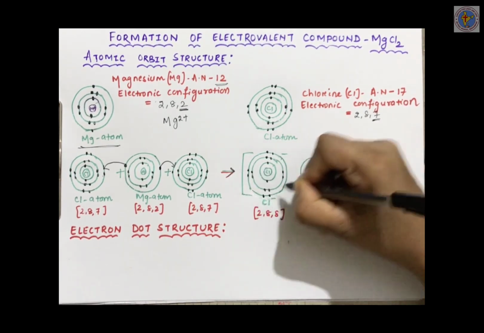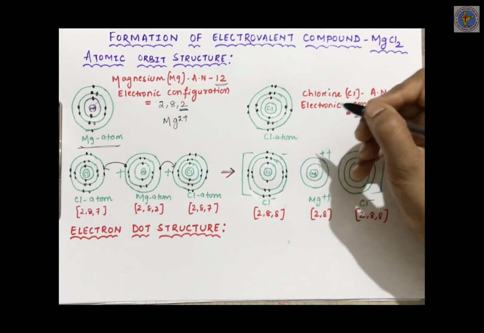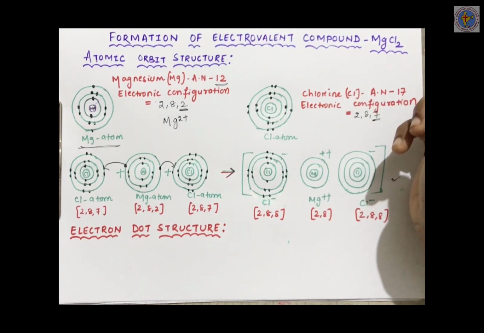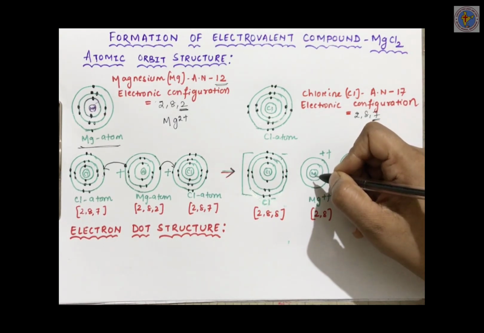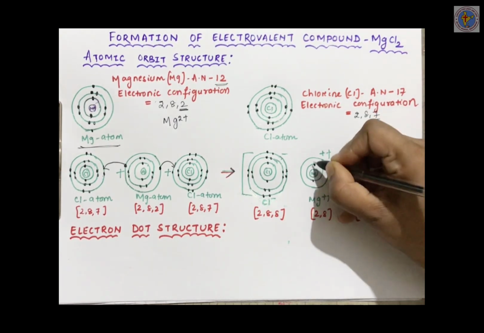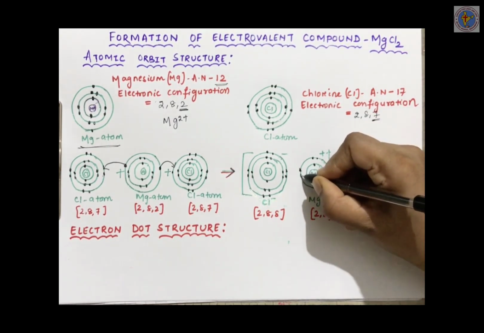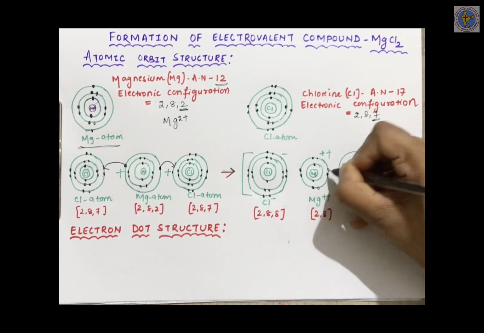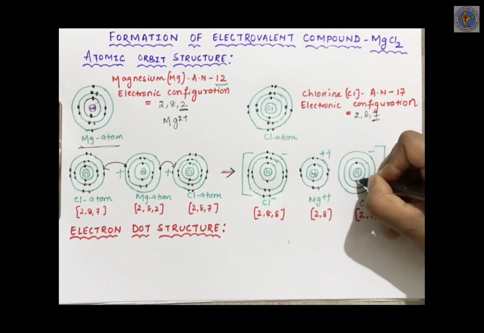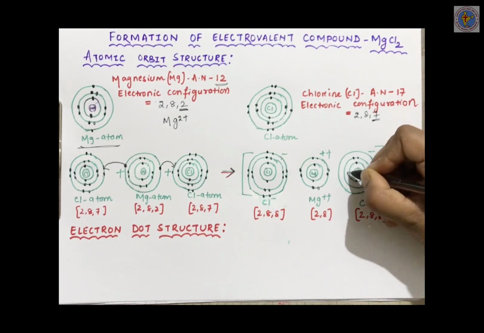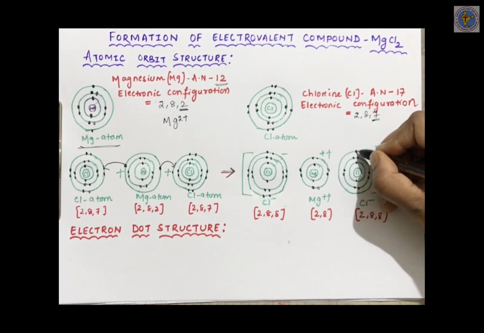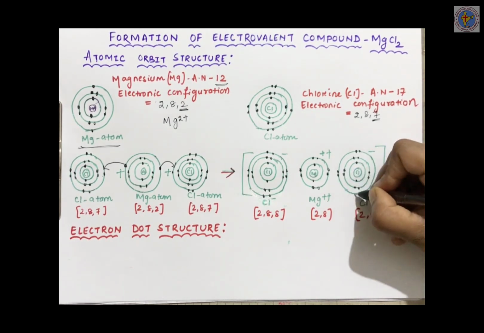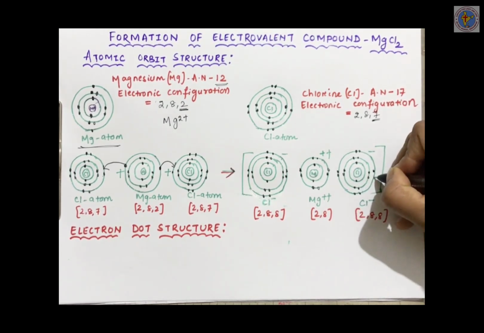That means they are having 8 electrons in the outermost shell and they got stable noble gas configuration. Here in case of magnesium they lost 2 electrons, so 2, 8 only. Okay, 2, 8 and 8.